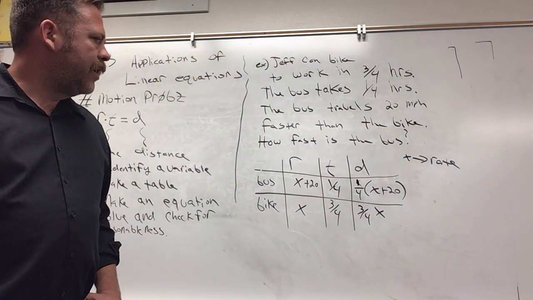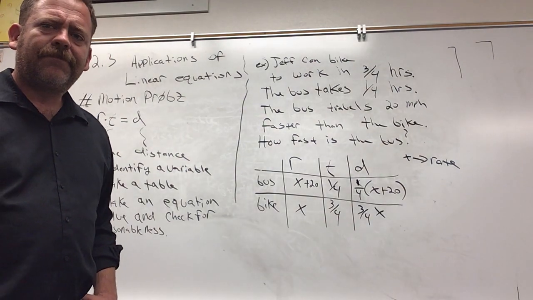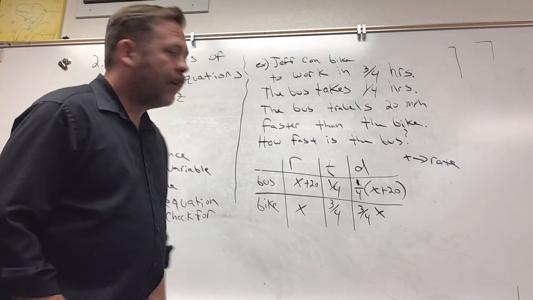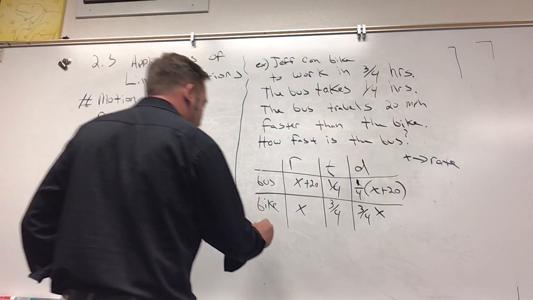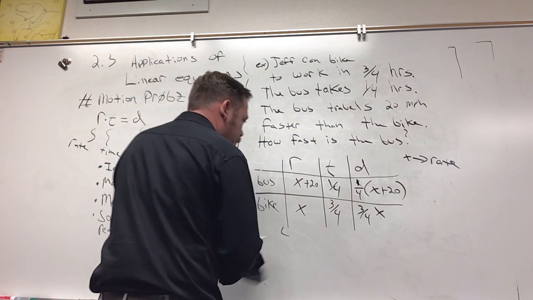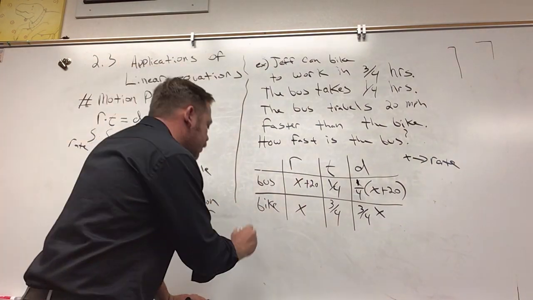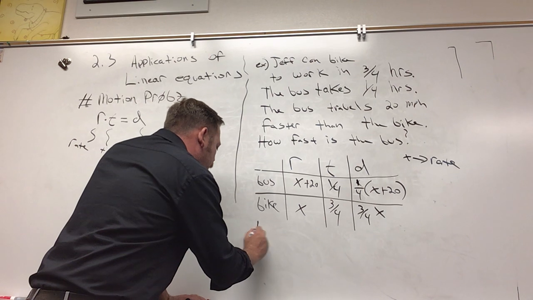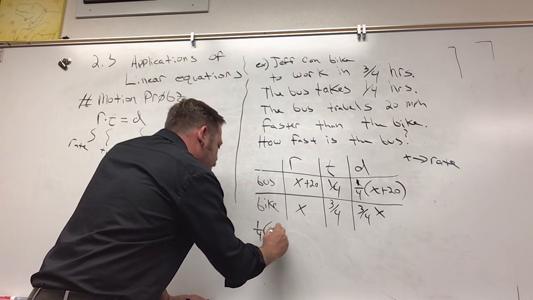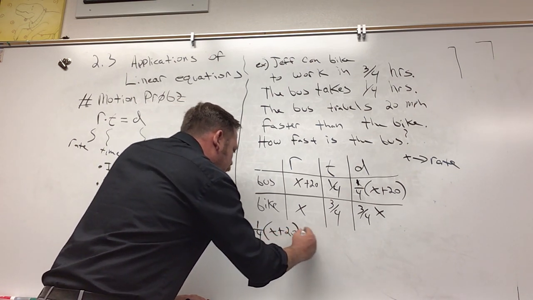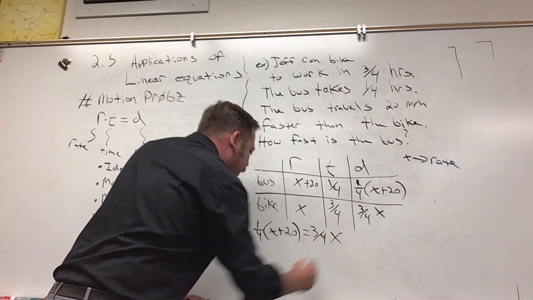It's gonna help us make an equation. You said it, they're going to be equal. So I'm gonna make an equation that shows their distance being equal to each other. So I'm gonna say 1/4 times (x plus 20) equals 3/4 x.